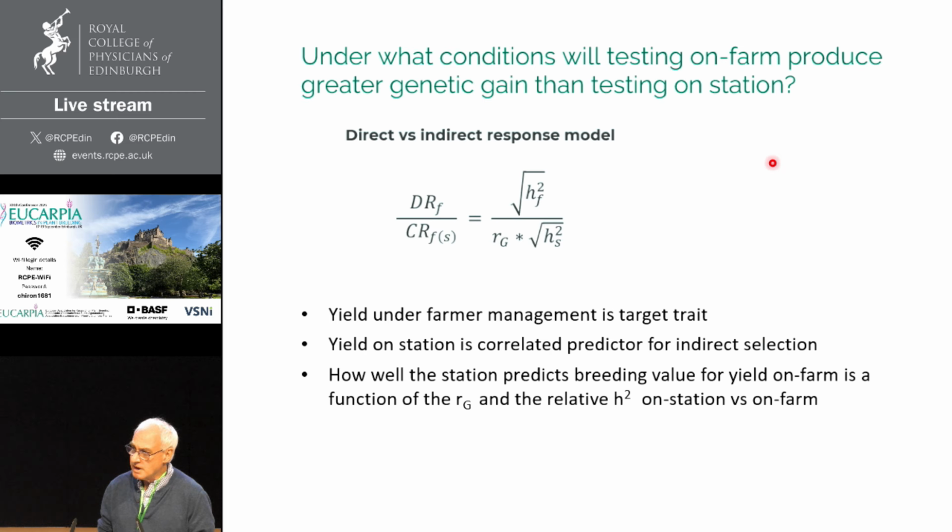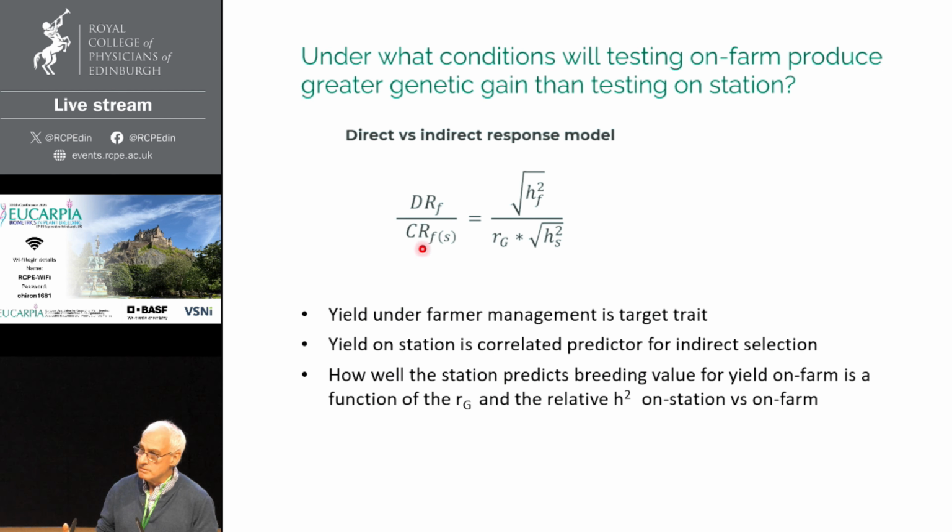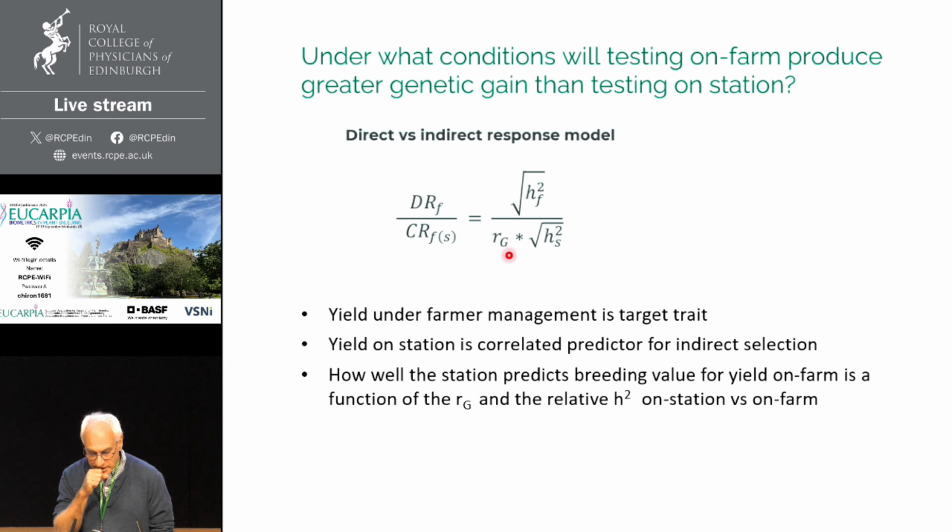Well, we can model that using the classic approach to describing the response to direct versus indirect selection, where the ratio of response to direct selection on farm as a proportion of the correlated response we would expect on farm to selection on the research station is a function of accuracy of selection on farm versus accuracy of selection on the research station, and the genetic correlation between effects estimated on farm and on the station.